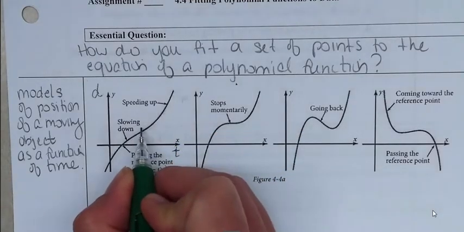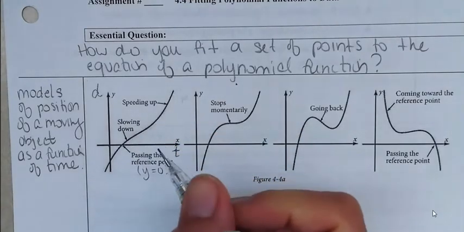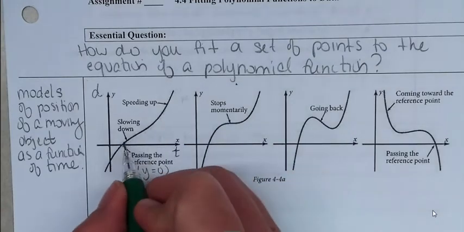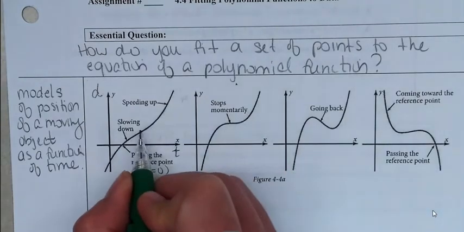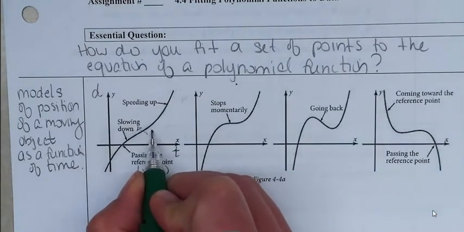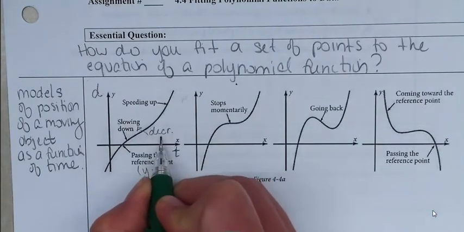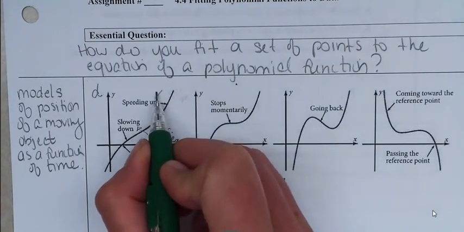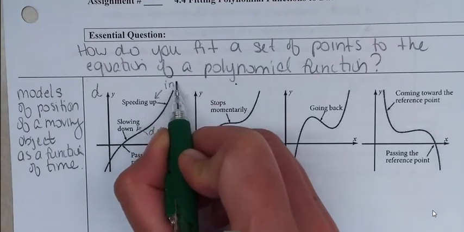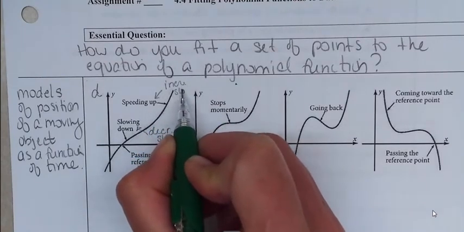So we could say this is a decreasing slope. It's still increasing over time, but it's increasing less and less. If we're slowing down, our slope begins to decrease. And if we're speeding up, our slope begins to increase.